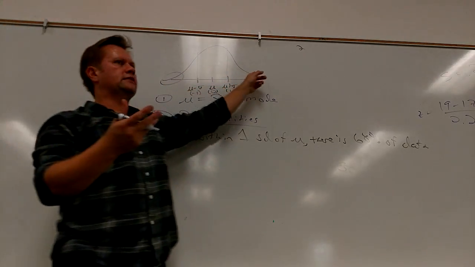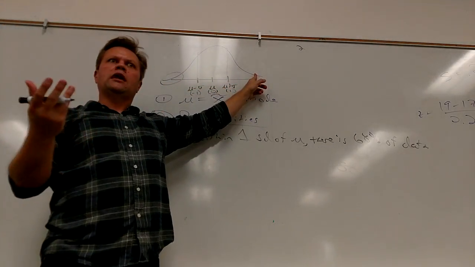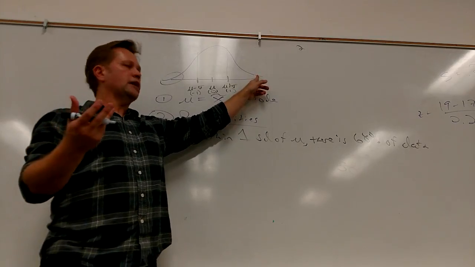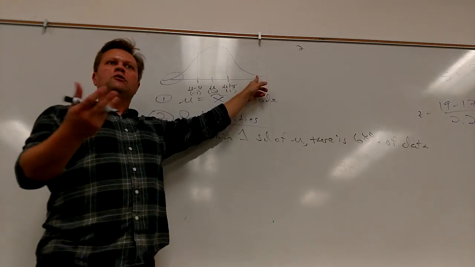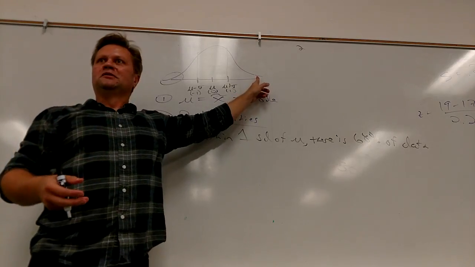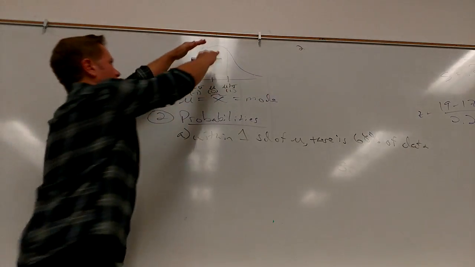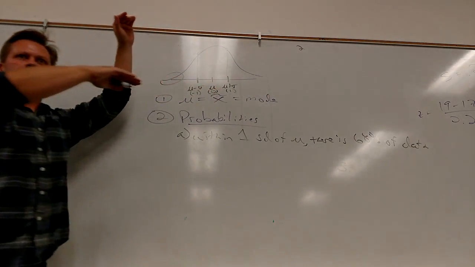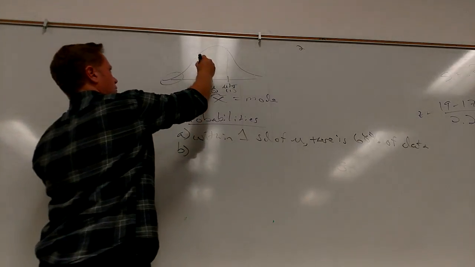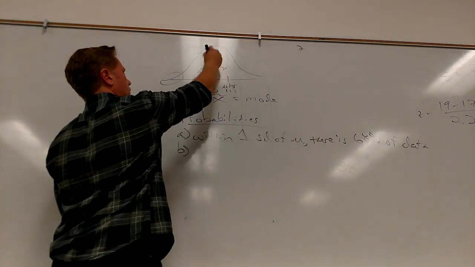Or if I see a dude that's 7'2", wouldn't that be a double take moment? Yes, for most people it would. If you are an athletic trainer working with a basketball team, maybe not, right? But most of us live here. So that's going to be 68% of the data right there.